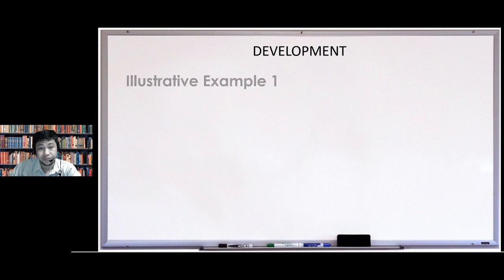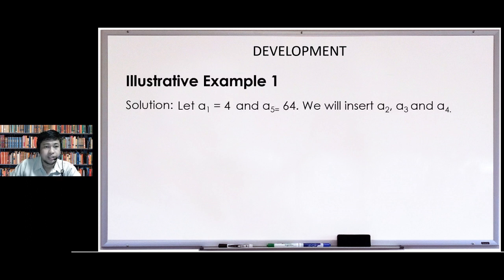Now, how are we going to find the common ratio? We're going to let 4 be our first term, and since we will be inserting 3 geometric means, our fifth term will become 64. So what are those geometric means to be inserted? These are a sub 2, a sub 3, and a sub 4.